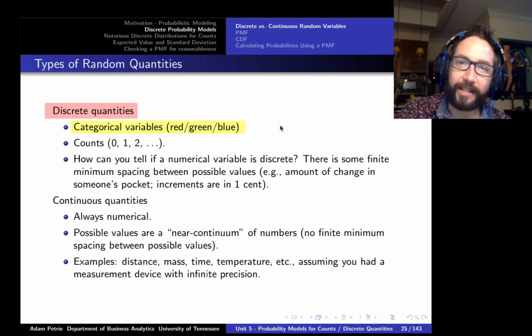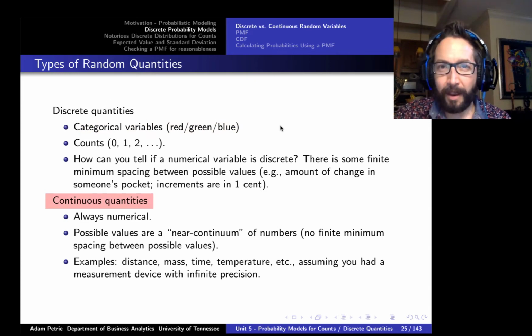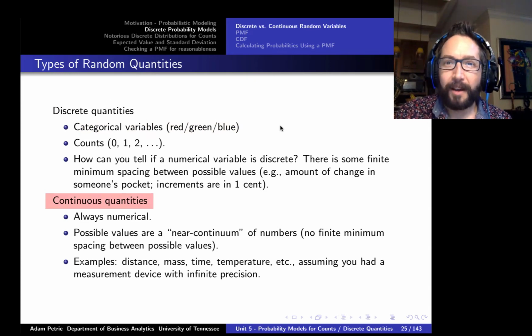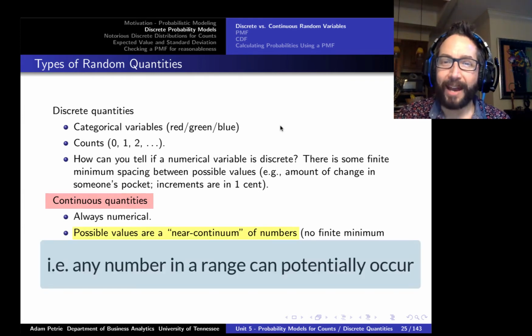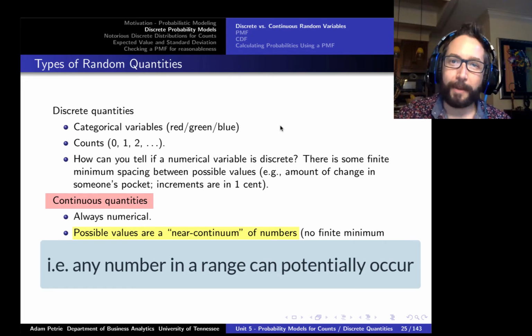Now, contrast that with a continuous quantity. We'll talk about that at a later time. A continuous quantity has possible values that essentially form a near continuum of numbers. If we had an accurate enough measuring device, well, any possible number inside of a range could potentially be measured.